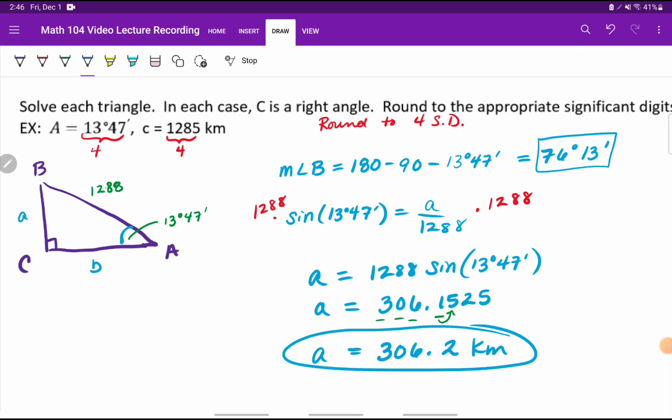So from angle A, B is adjacent and we have the hypotenuse, so that's going to be cosine. Cosine of 13 degrees, 47 minutes will be equal to B over 1,288. Again, we're multiplying both sides by that 1288.